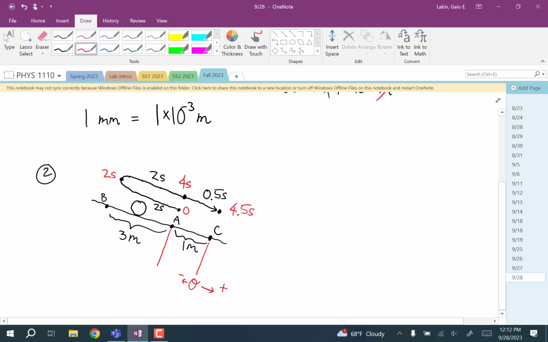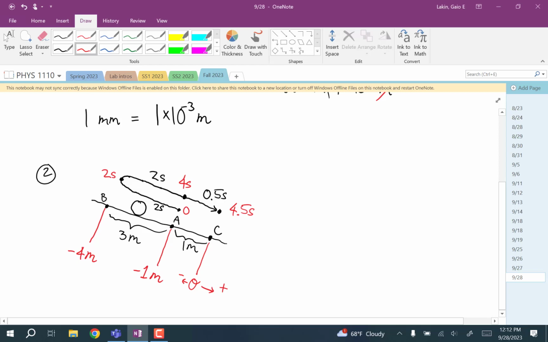So at A, you're 1 meter from 0 in the negative direction, so that is -1 meter. And at B, you're 4 meters from 0 in the negative direction, so this is -4 meters. Any questions about labeling those?